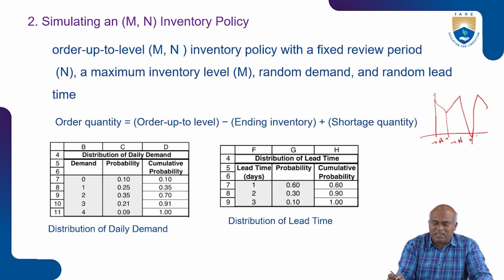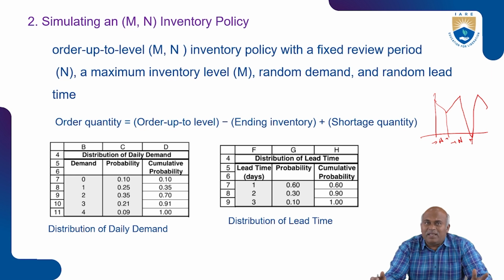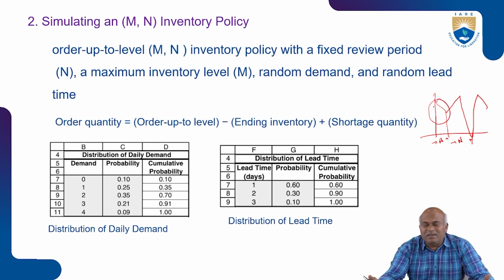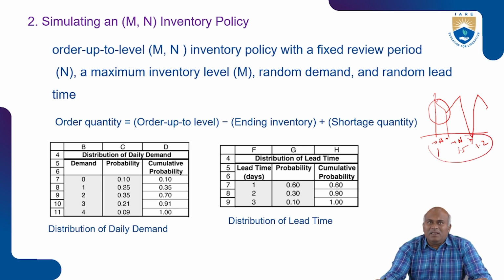This time duration represents the fixed review period. We take only the fixed review period, and then we analyze. If you take a different way, this one is 1 minute, this is 1.5 minutes, 1.2 minutes, like that; it happens randomly. The simulation inventory case is not possible to measure.